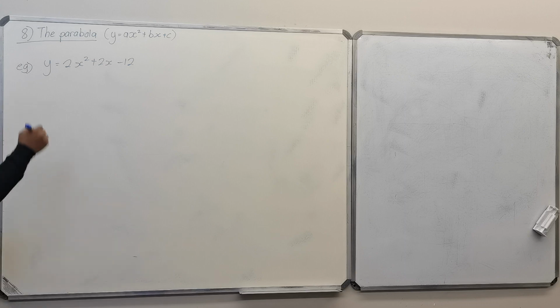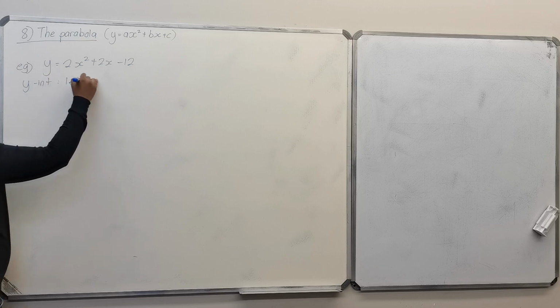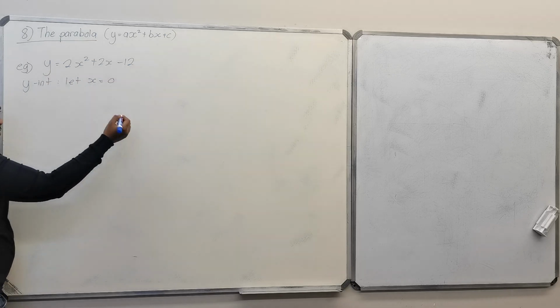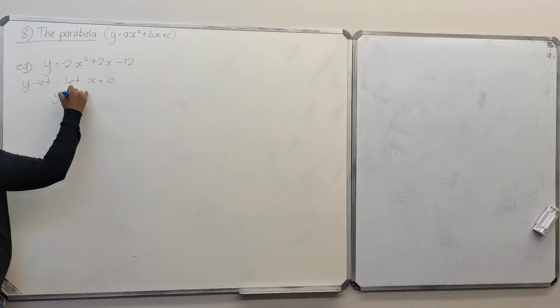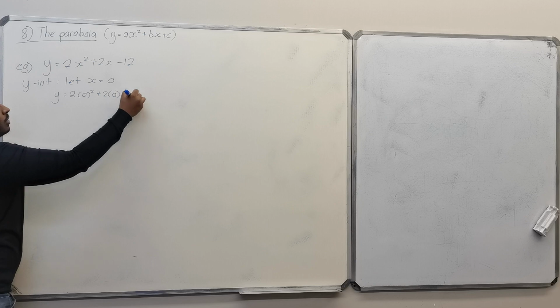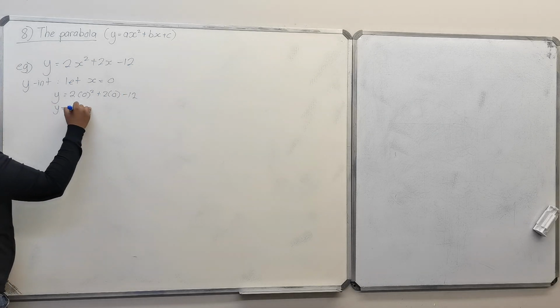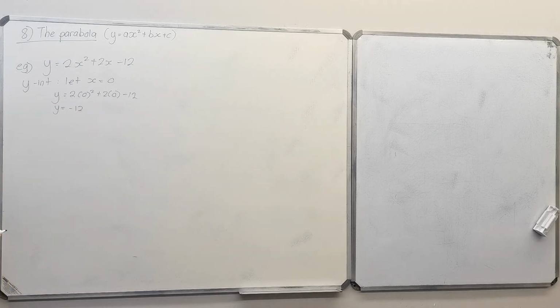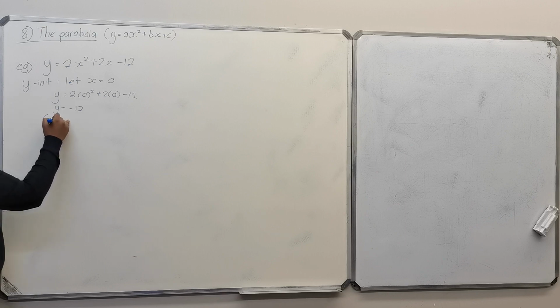So, intercepts. So your y-intercept, let x equal to 0. So you would have said y is equal to 2 times 0 squared plus 2 times 0 minus 12. Your y would have been equal to minus 12. You all agree on that, right? And your one coordinate you would have had would have been 0 and minus 12.